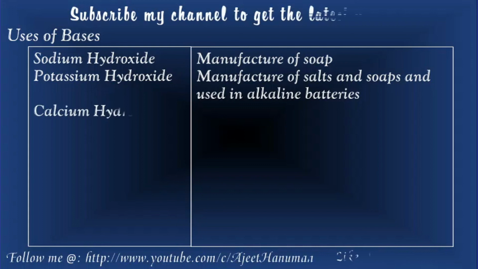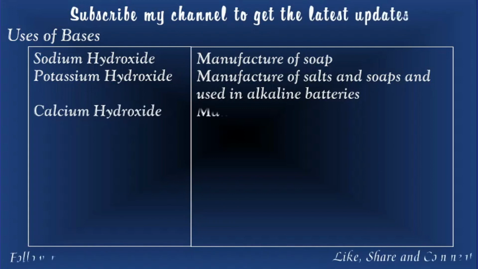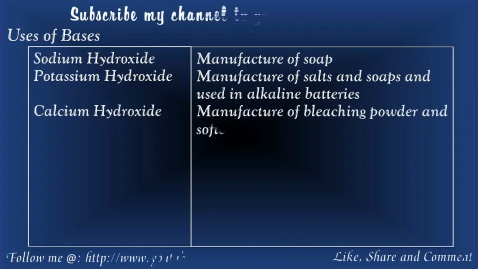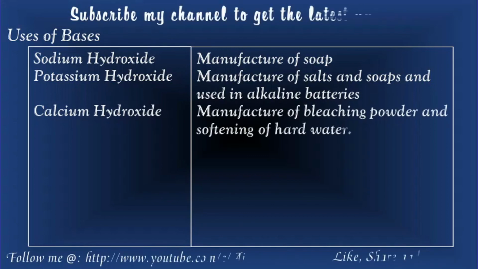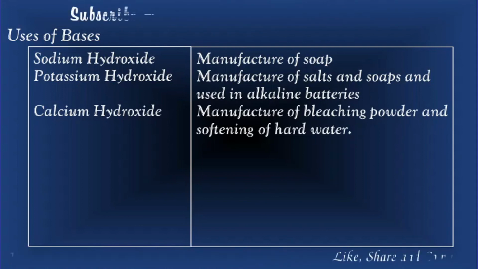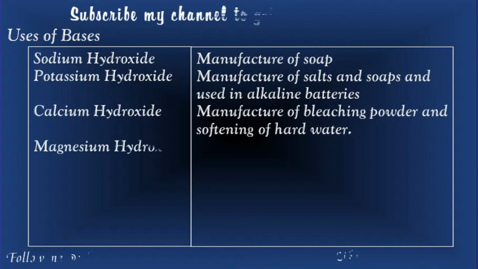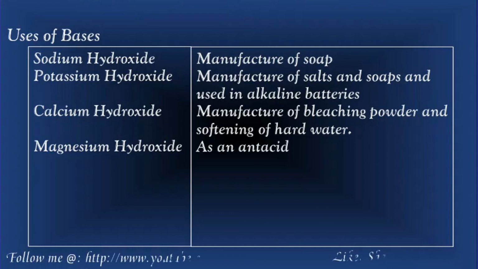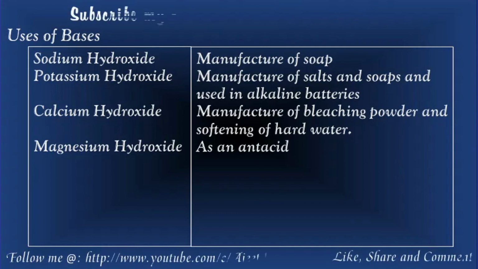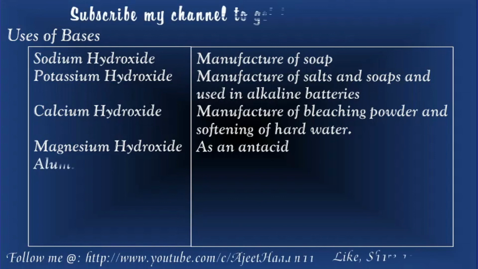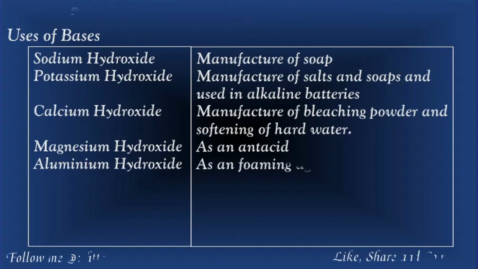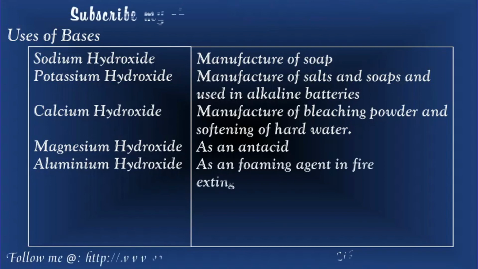Next is calcium hydroxide. Calcium hydroxide is used in the manufacture of bleaching powder, which is a very useful substance, all of you know, and also it is used to soften hard water. Magnesium hydroxide, also known as milk of magnesia, is used as an antacid. Aluminium hydroxide is used in fire extinguishers as a foaming agent.